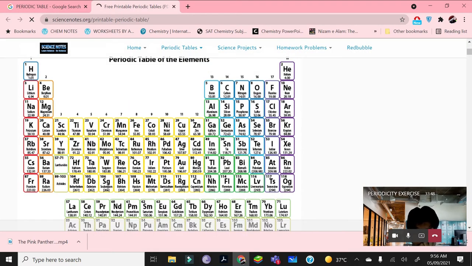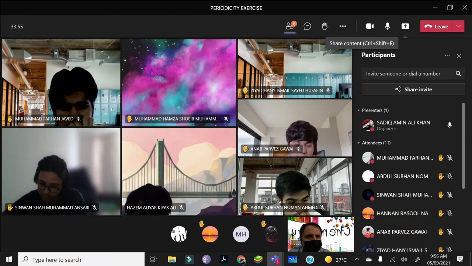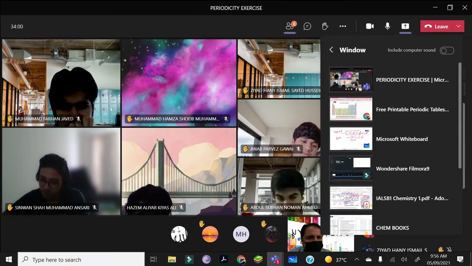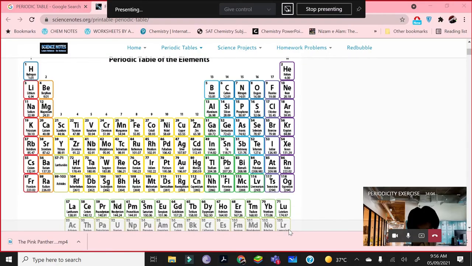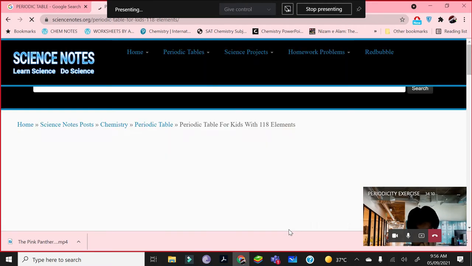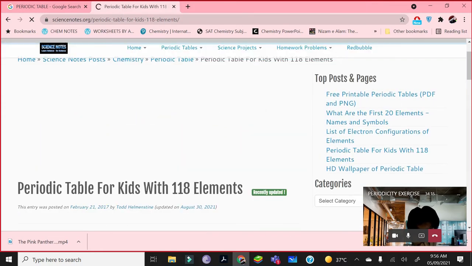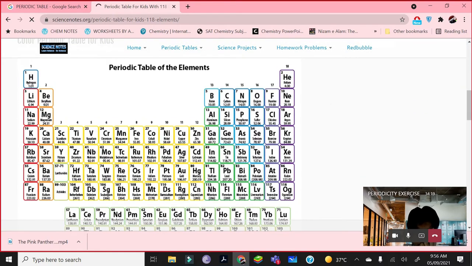Okay. This is a periodic table with me right now, and I just want to share this periodic table with you. Okay, see this periodic table here. Here is the periodic table.